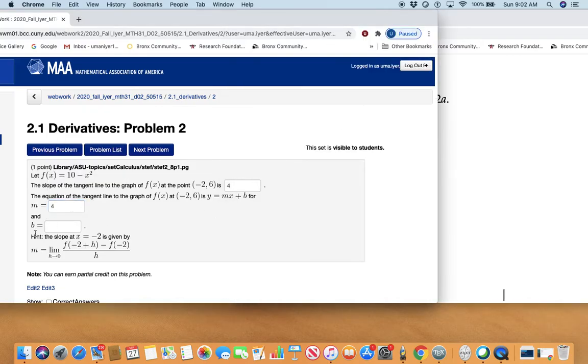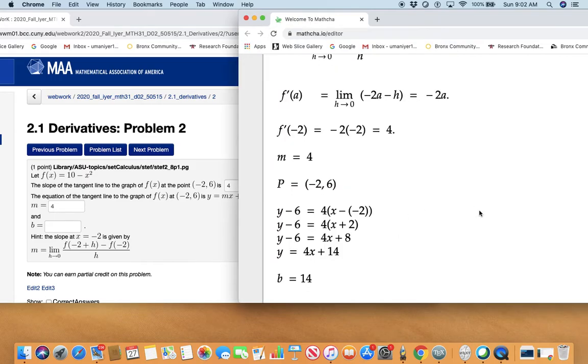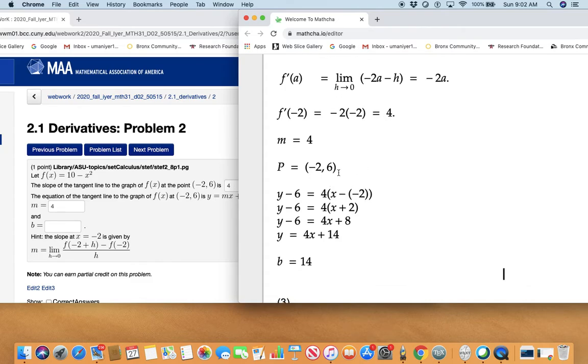You want to find the y-intercept of the tangent line. Well, for the tangent line, you have the slope, and you have your point given to you. So what is the equation of the tangent line? y minus the y coordinate equals slope times x minus the x coordinate.